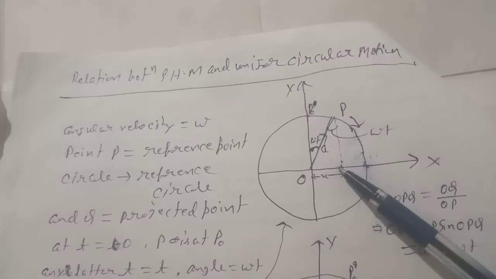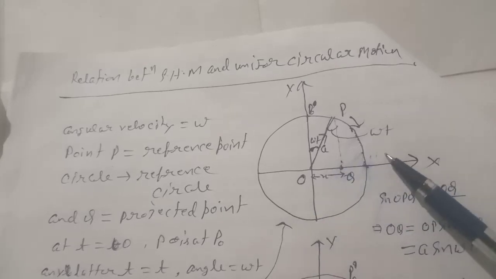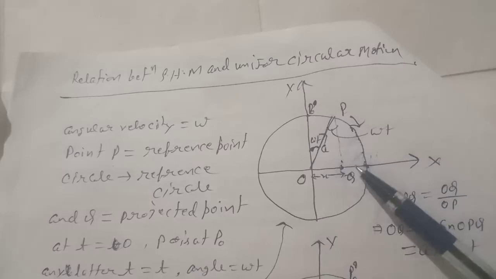Q is the foot of a perpendicular from P to the horizontal diameter of the circle, that is the x-axis, which has been taken along the x-axis.